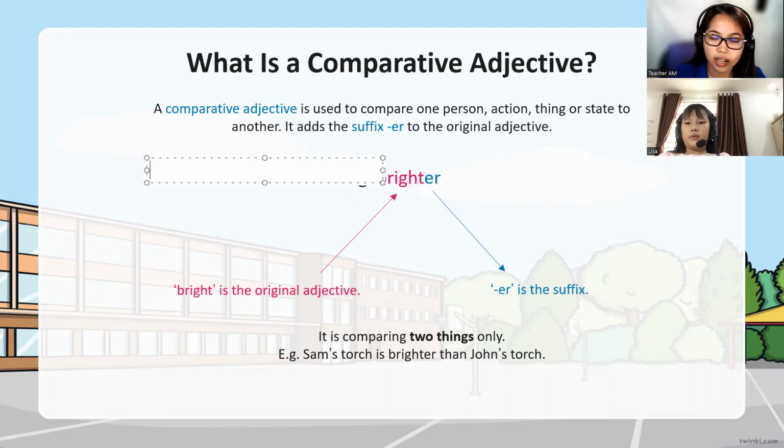Now, how about this one, Dolin? Short. What's the comparative adjective of short? Shorter. Very good. Now make a sentence using shorter.